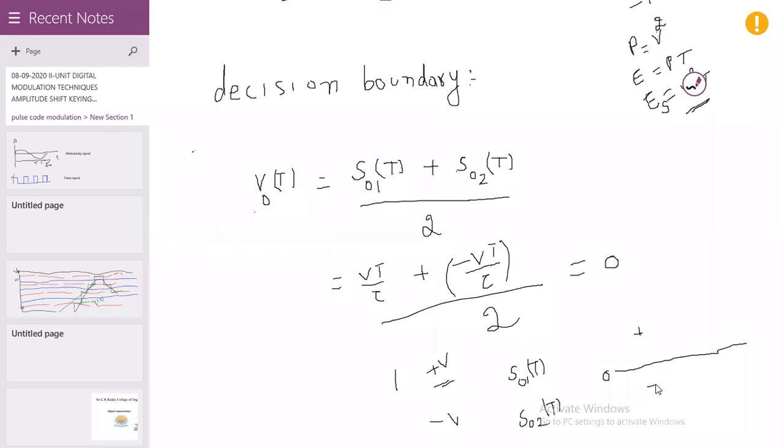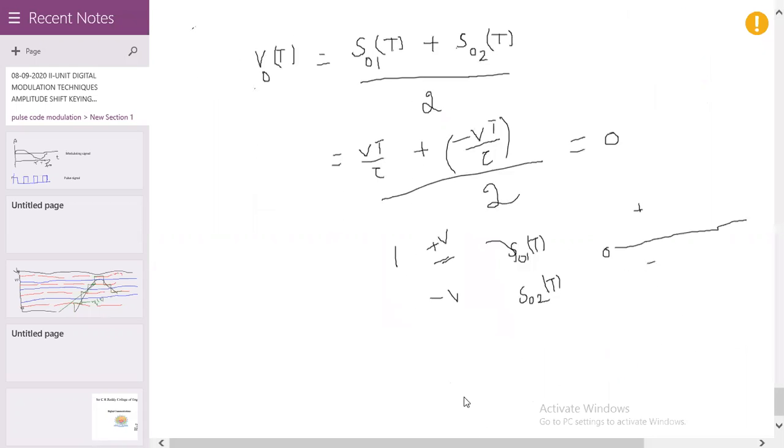So here, if plus V volts are transmitted, V naught of T is a positive value, above the decision boundary. If negative, the values are negative, below the decision boundary. Now our aim is the received signal is corrupted with noise, white Gaussian noise.